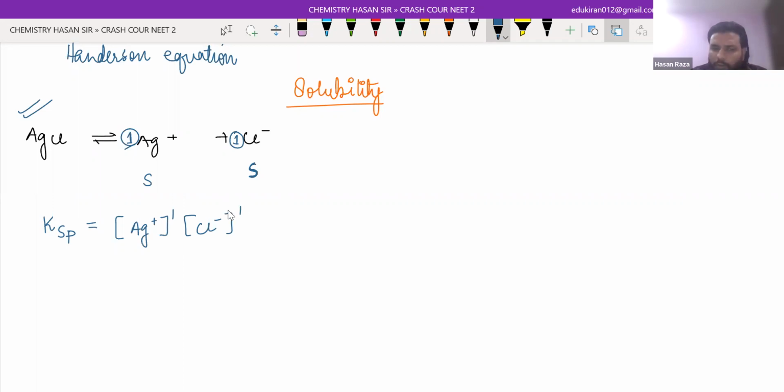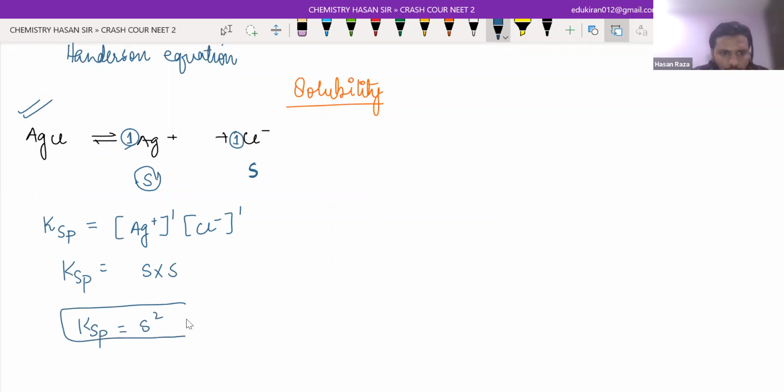If it is 2, you are going to put the power 2. Now you can see the solubility is S, then you are going to write S, and here it's also S. So the value of Ksp here will be S square, and the solubility will be under root Ksp.